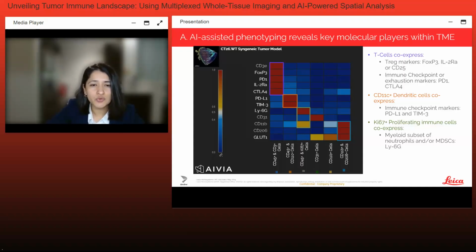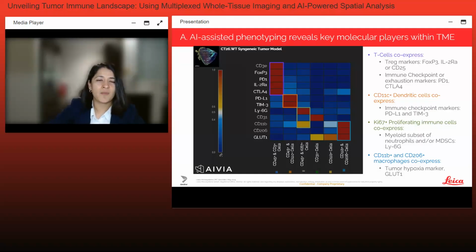Finally, in blue, we show that CD11b positive myeloid cells and specifically tumor-associated macrophages, or TAMs, show enrichment of GLUT1, which is a marker of tumor hypoxia. In summary, we find various tumor-associated immunosuppressive cell types. But this makes us think about the next question. What about the other markers and their interactions with the tumor microenvironment?